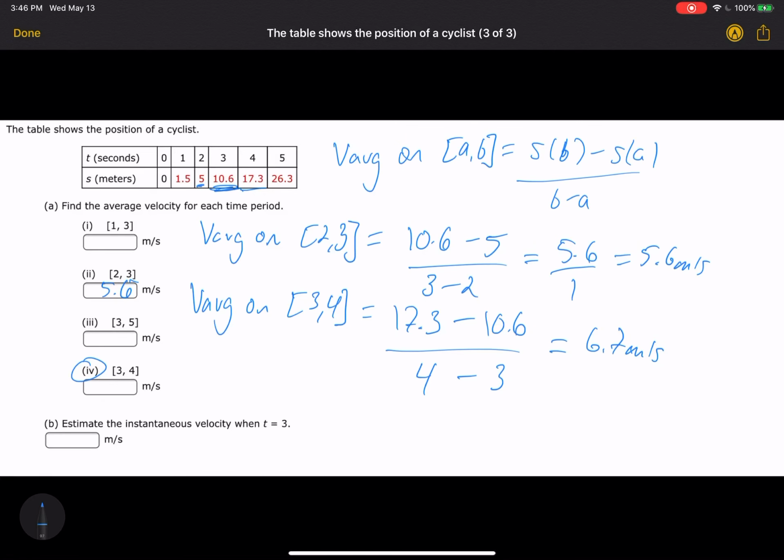So the problem is asking us to find instantaneous velocity at t equals 3. And note that what we're not actually doing right here is approaching, our time steps are not getting smaller. This is 2, this is 1. And how do we estimate the instantaneous velocity given what we have?